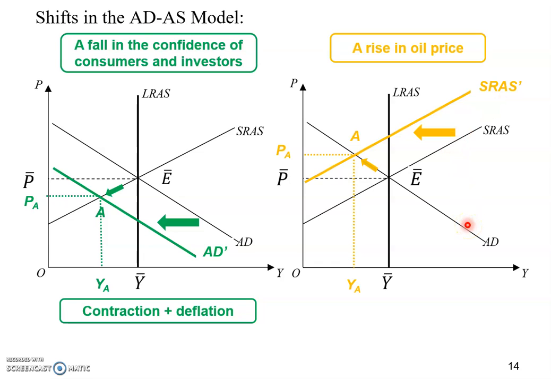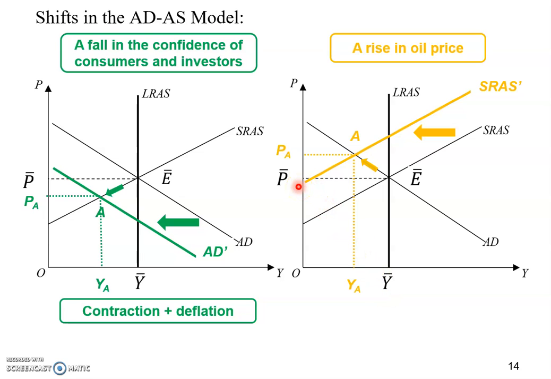So the aggregate demand doesn't change in this case. And then the market equilibrium moves from E bar to point A, where we find once again the output level YA is below the potential level Y bar. So we find a contraction again in this economy.